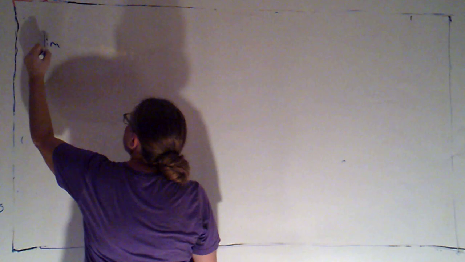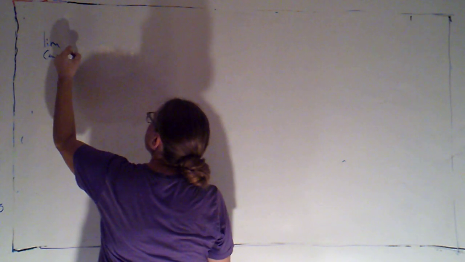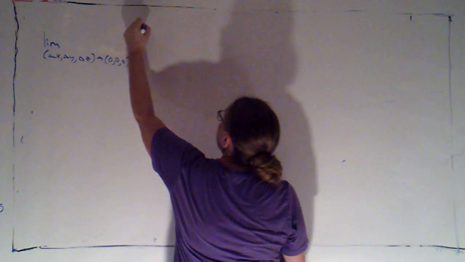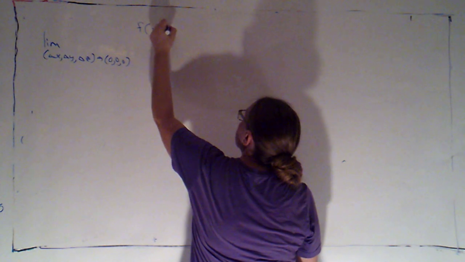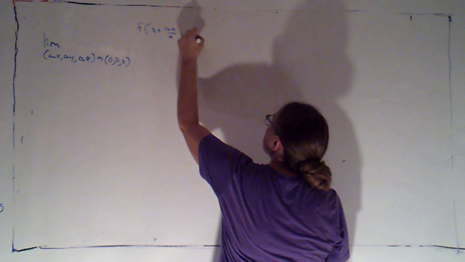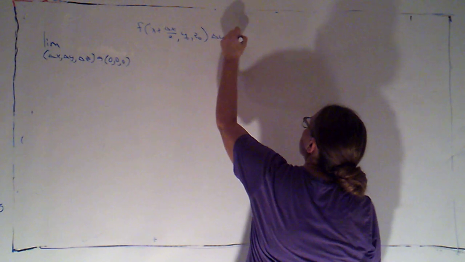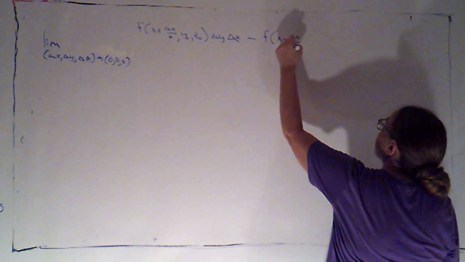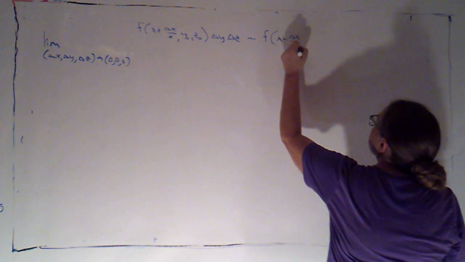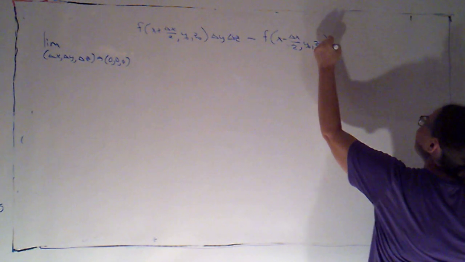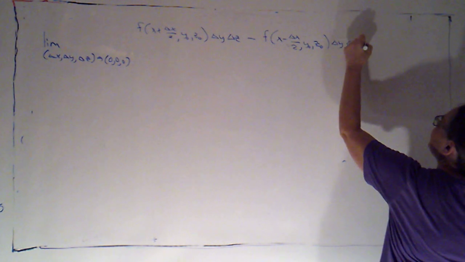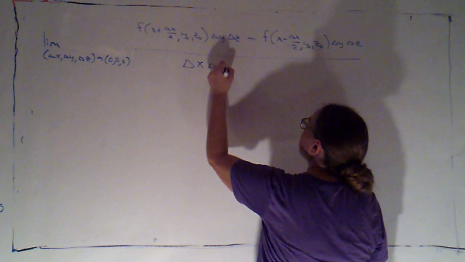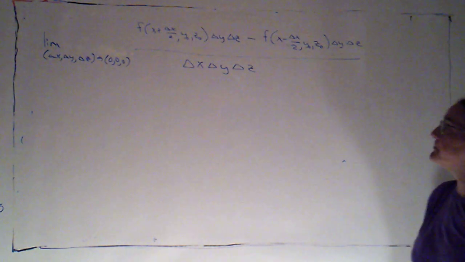So we've gotten the limit as delta x, delta y, delta z goes to 0, 0, 0 of f of x plus delta x over 2, y naught, z naught, times delta y delta z, minus f of x minus delta x over 2, y naught, z naught, delta y delta z, all over delta x, delta y, delta z.